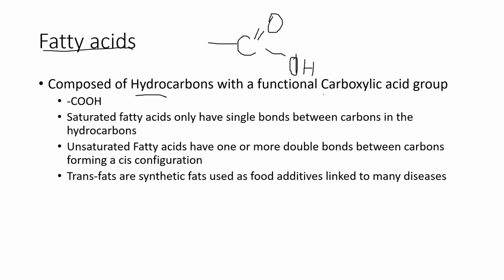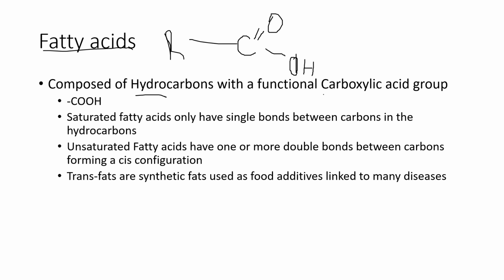And this would be bound to something else; we'll put R for functional group R. And so this is an acid, which means that hydrogen can actually be taken off. So when we're talking about fatty acids, we're talking about hydrocarbons with this carboxylic acid group.